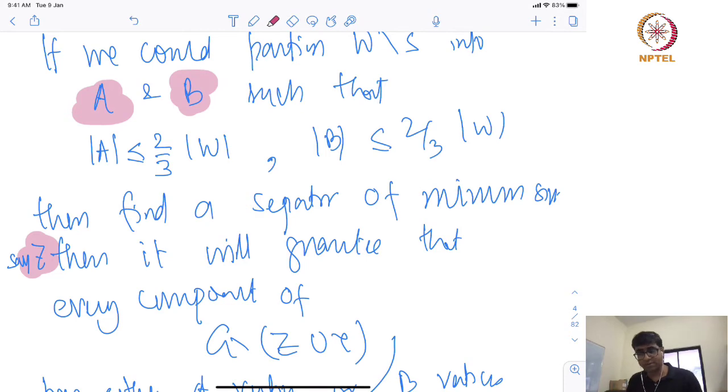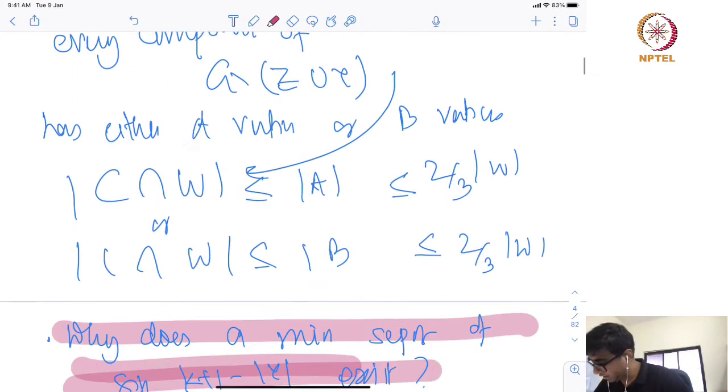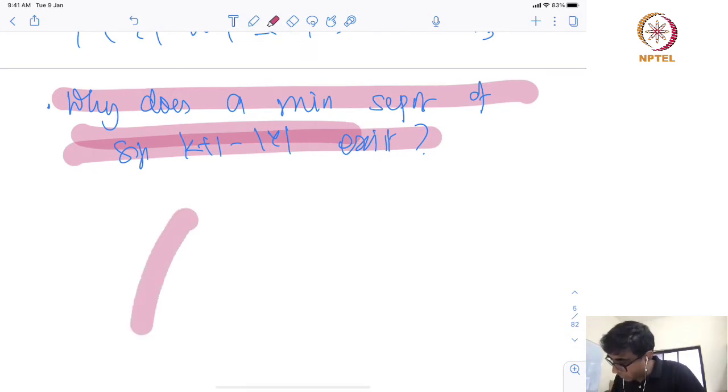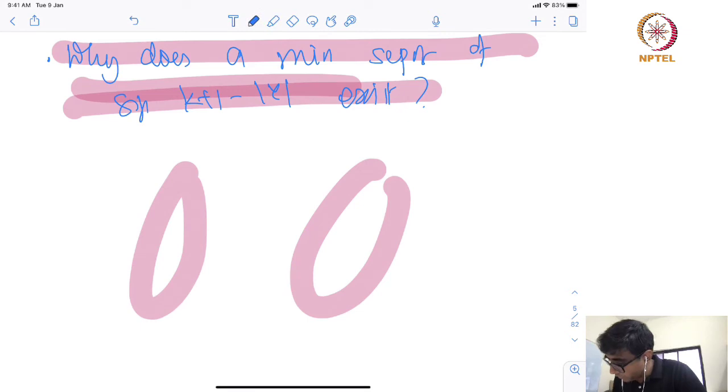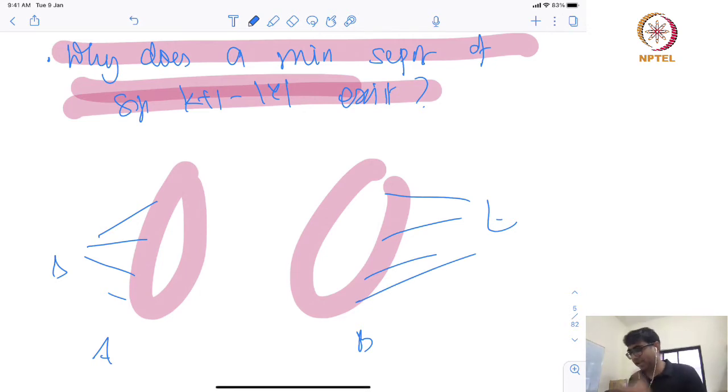And this is very easy to make such an ST separator problem, because this is like your A, this is like your B, you just make S adjacent to A, T adjacent to B, and then you can make an ST separator.